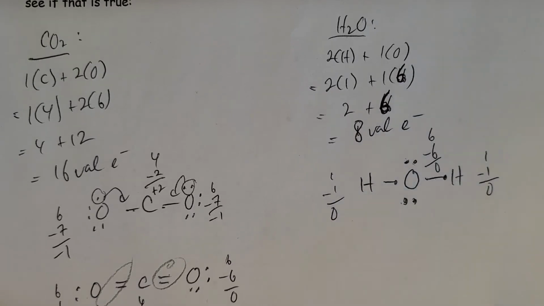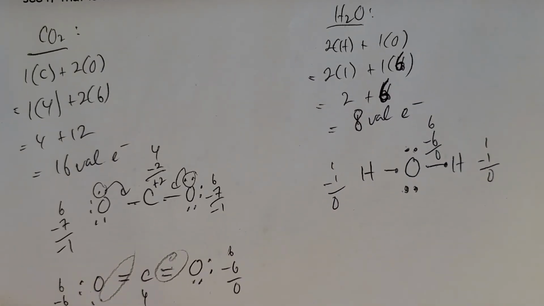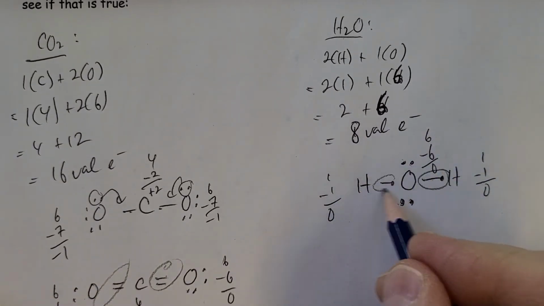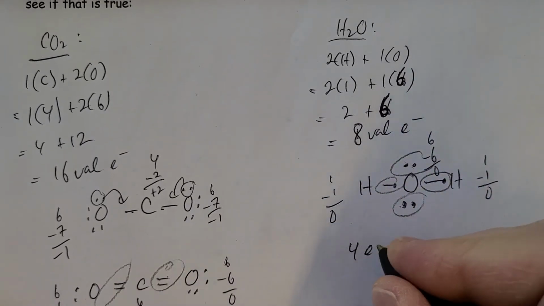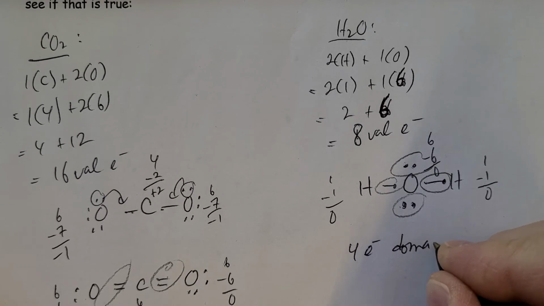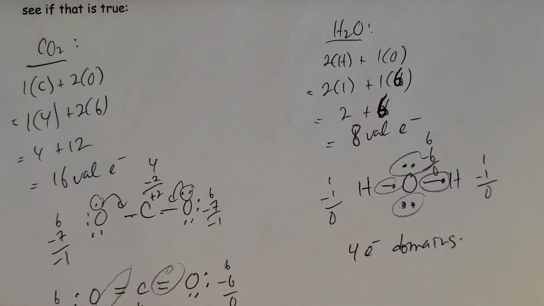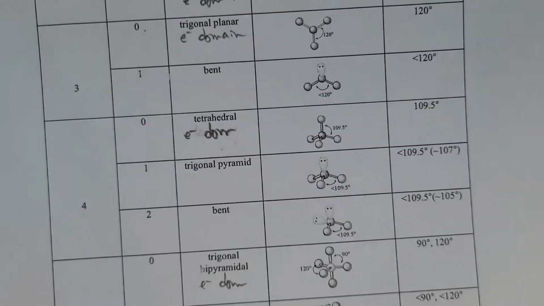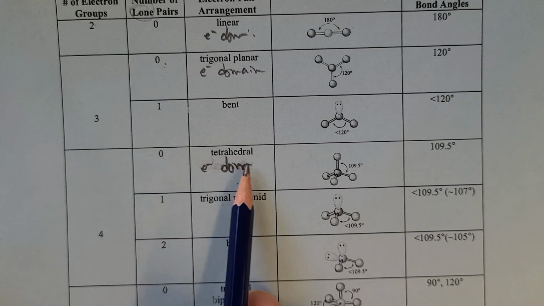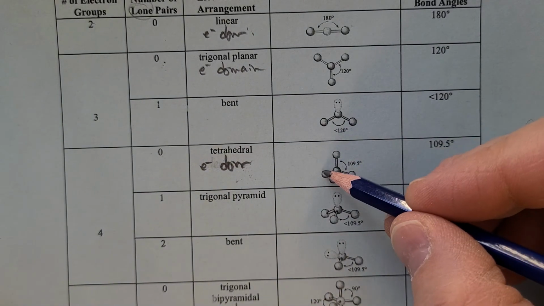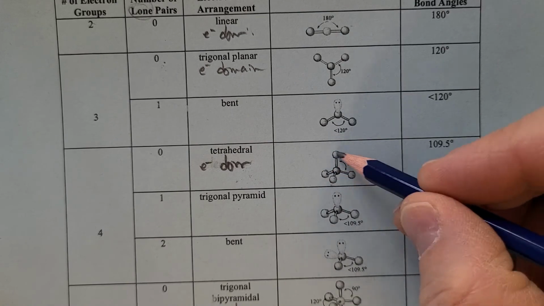So as we can see here, around that oxygen, I have 1, 2, 3, 4 electron domains. So if all of those were considered important, it would be a tetrahedral shape.